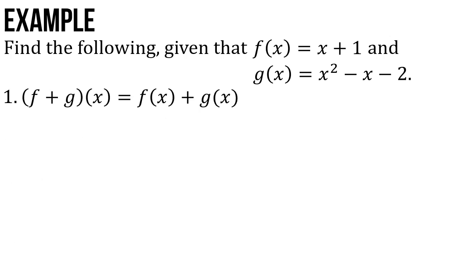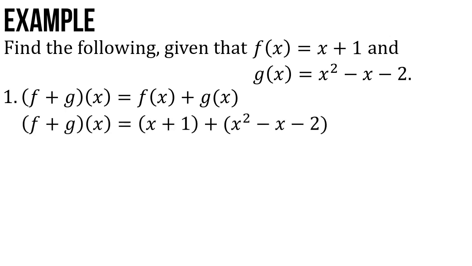So let's start with number 1, f plus g of x equals f of x plus g of x. So let us just add f of x and g of x. F of x is x plus 1, g of x is x squared minus x minus 2. So our solution will become f plus g of x equals x plus 1 plus x squared minus x minus 2.